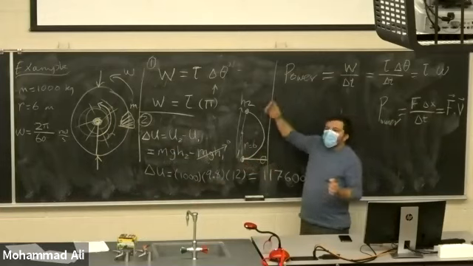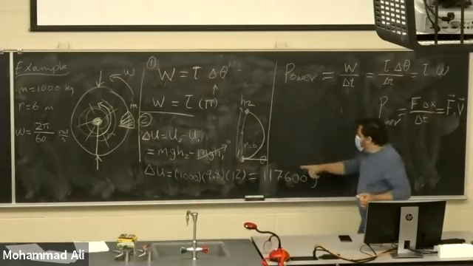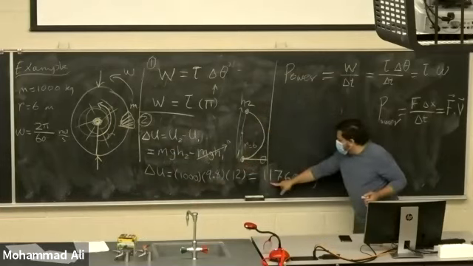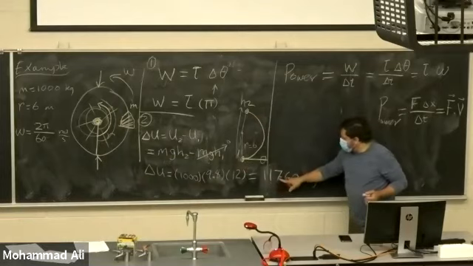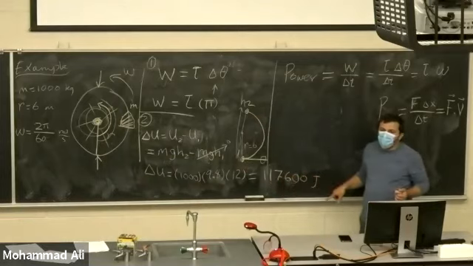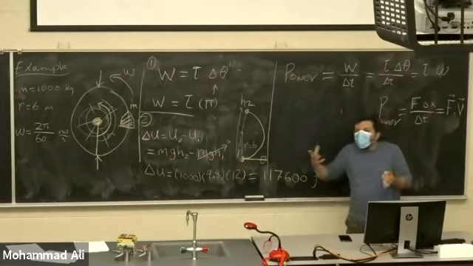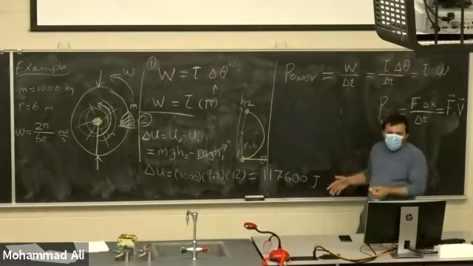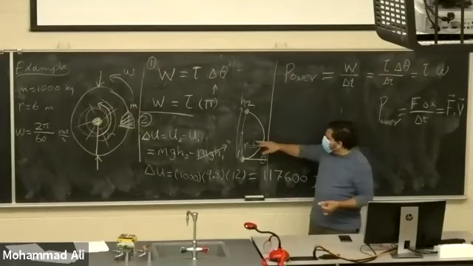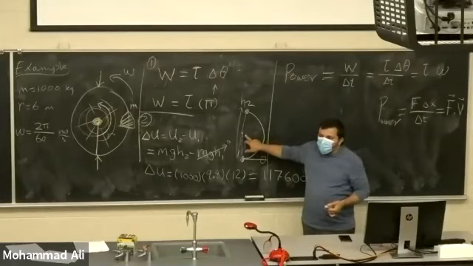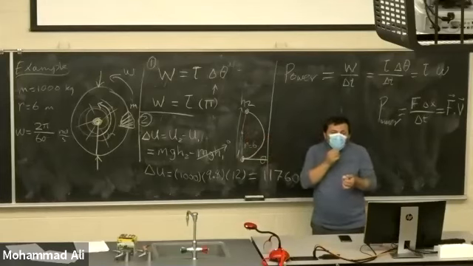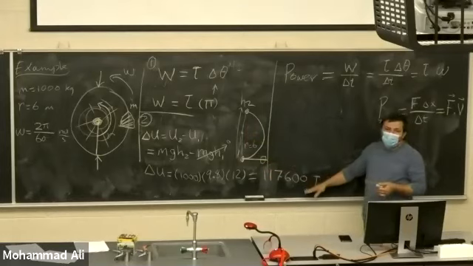Now, finally, we have this mass here with 117,600 joules. So it is rich now. From where do these joules come? They come from the engine work. So the work done by the engine is equal to this amount.